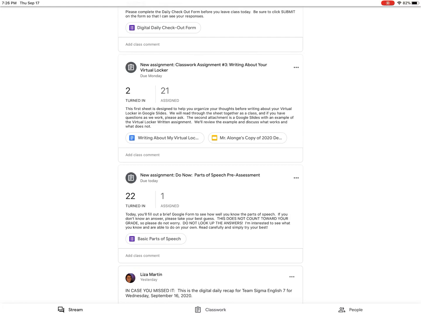If you were able to put the answers into a Google document, then you simply need to share that Google document with me. There is not going to be a place for you to turn this in on Google Classroom. So your submission of the summer reading graphic organizer will need to be turned in over email.